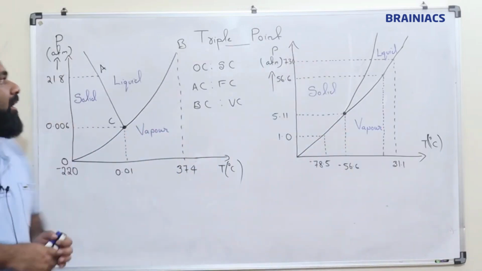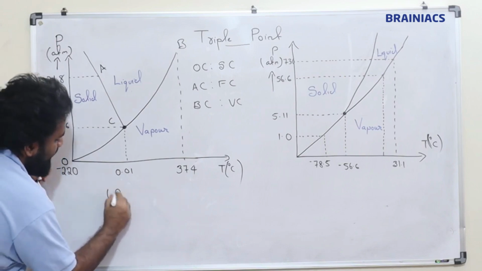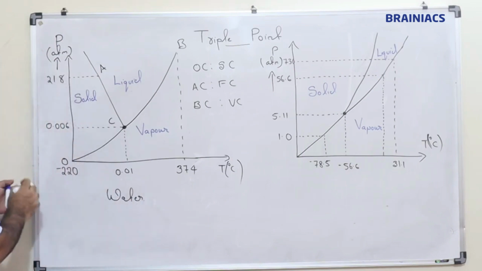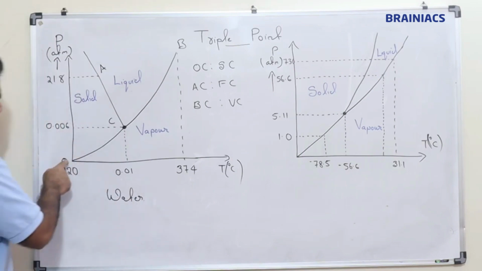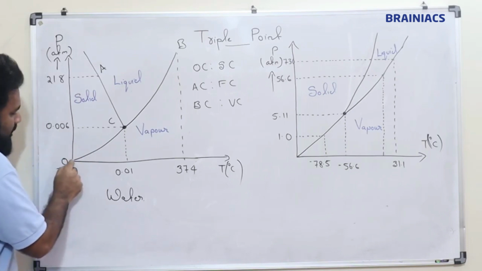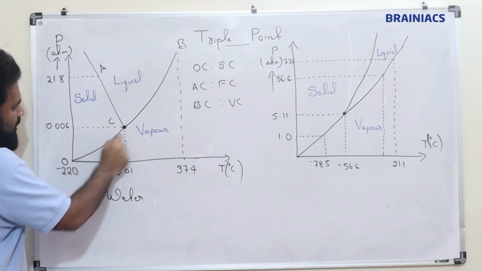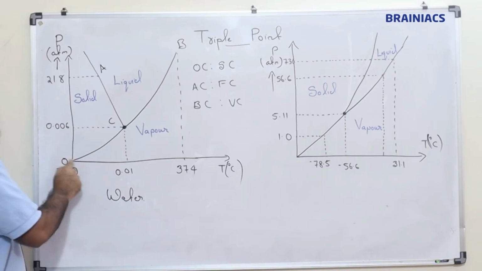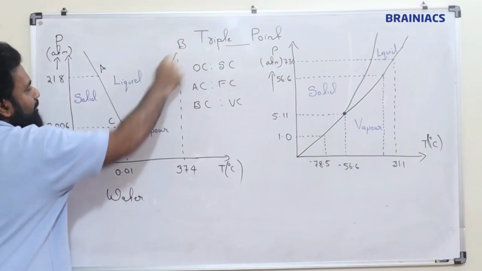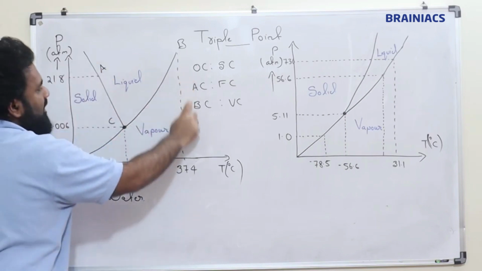So this is a graph of water. If this is the origin O, from here you can see a curve. This is OC, this is CB, and this is CA, or OC, AC, BC.